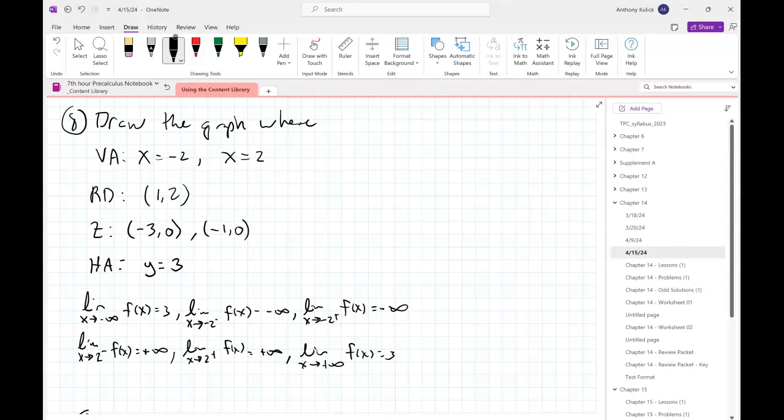All right. So what's the first thing that I want to start drawing when I draw my picture? First thing I want to draw are the asymptotes.